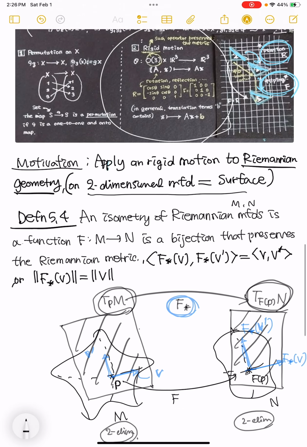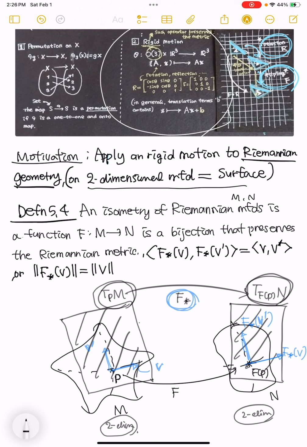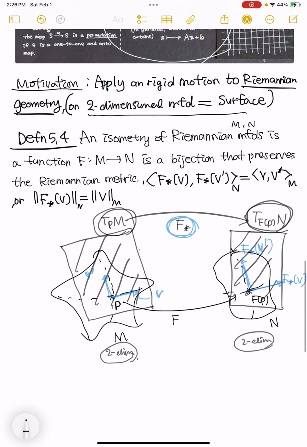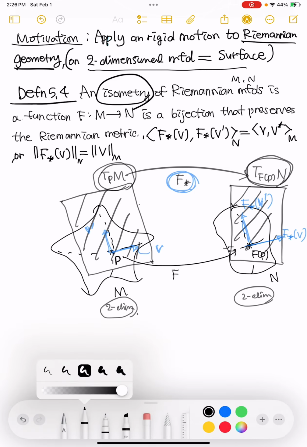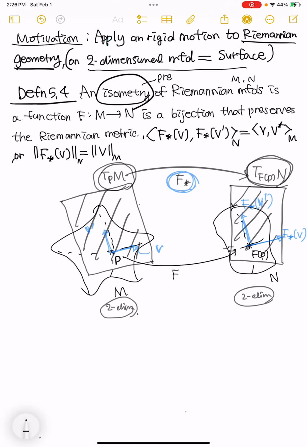In that case, the norm in N and M is the same. Similarly, that means that an isometry preserves the metric.